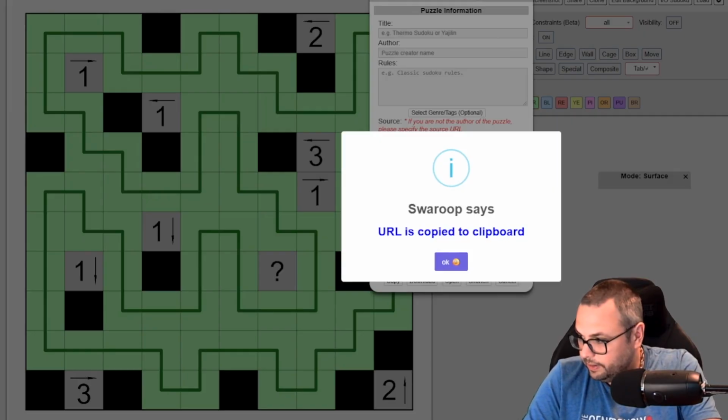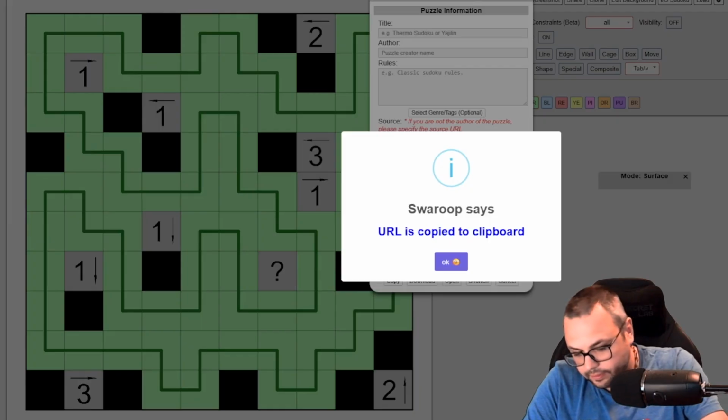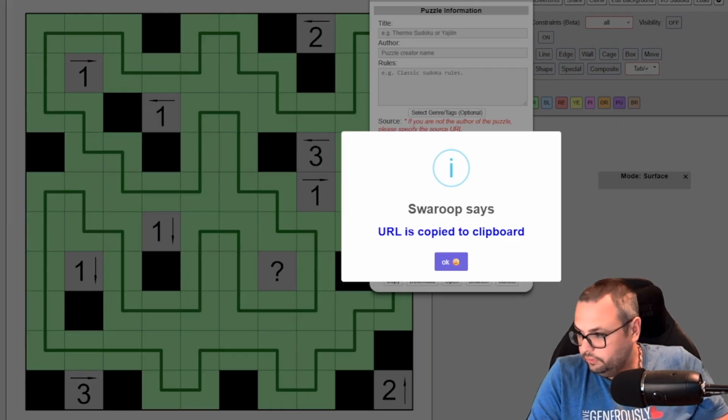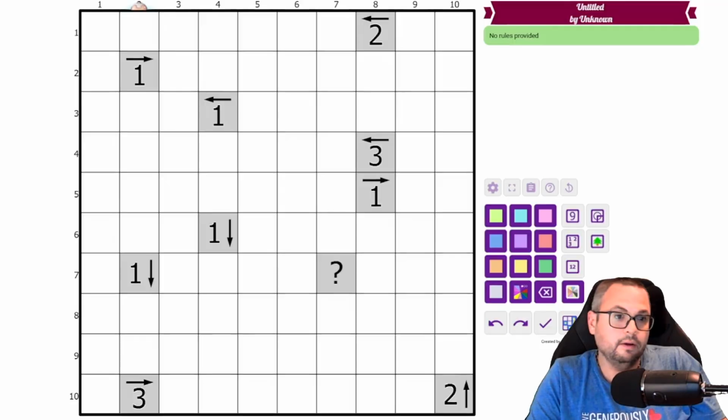Okay, so let's do the Penpa converter. Yeah. Okay, so here is our Yajilin puzzle.